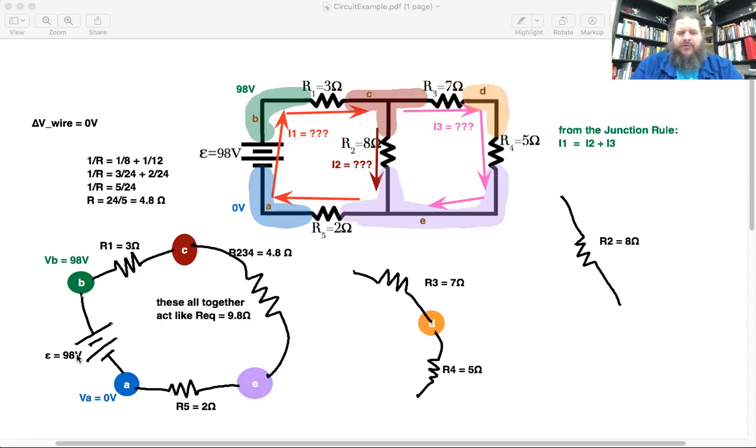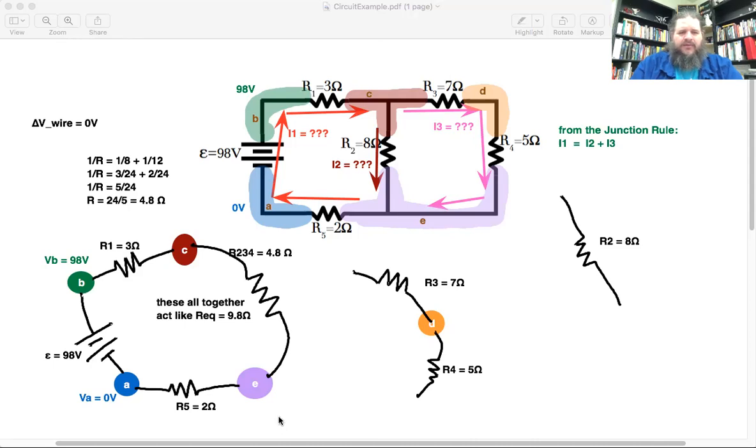And if we've got a 98 volt battery and 9.8 ohms of resistance, how would you calculate the current through this equivalent circuit? Yeah, current is voltage over resistance.